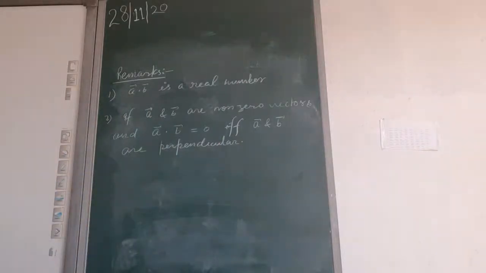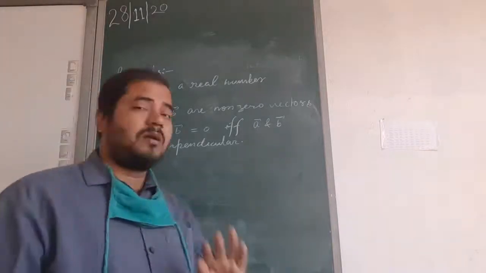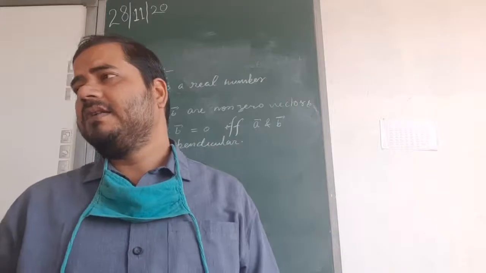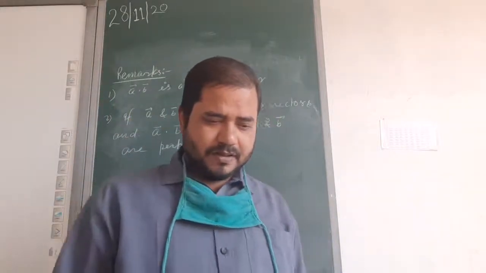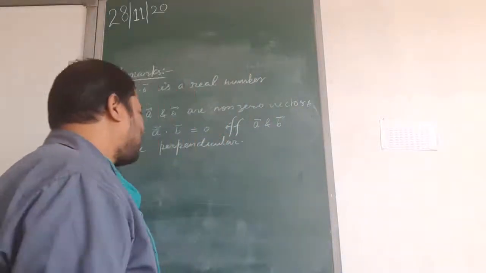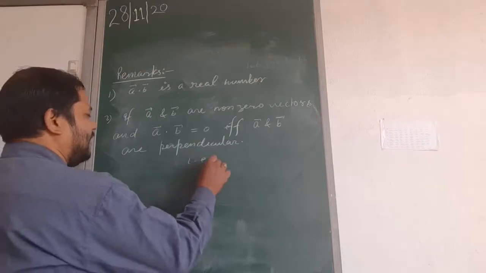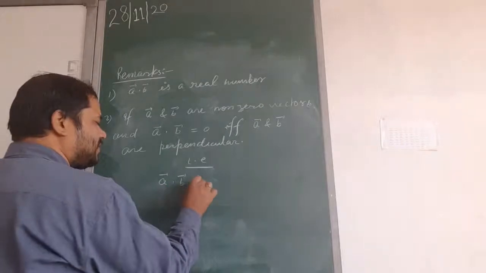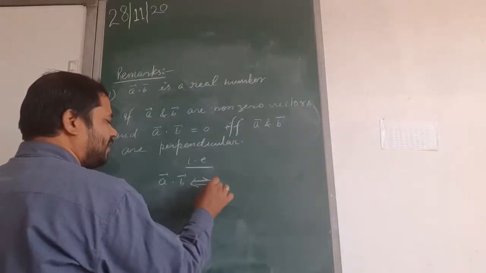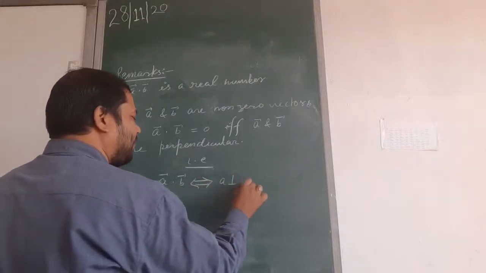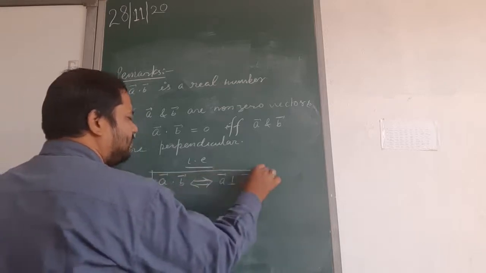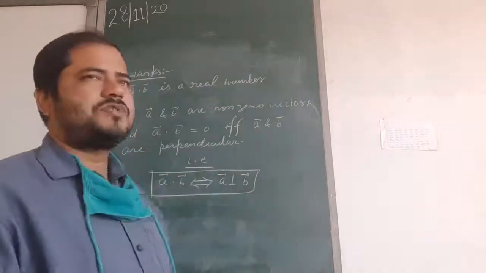So whenever you need to show the given two non-zero vectors are perpendicular, then we need to show A dot B must be 0. Okay. That means you can mathematically write it as A dot B is equal to 0 if and only if A is perpendicular to B. This is the most important condition.